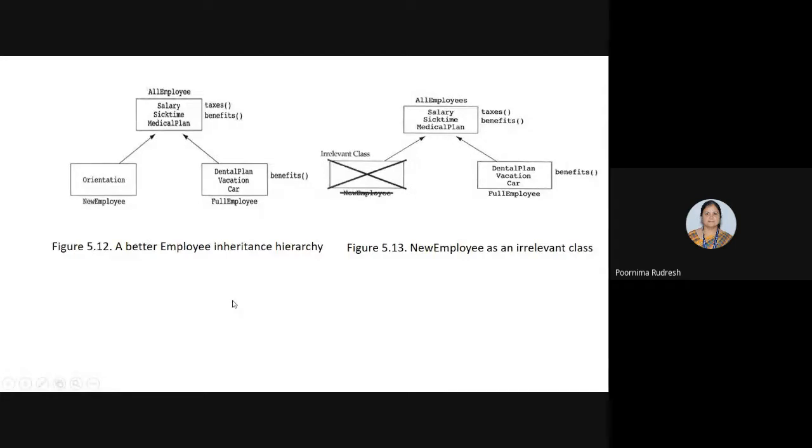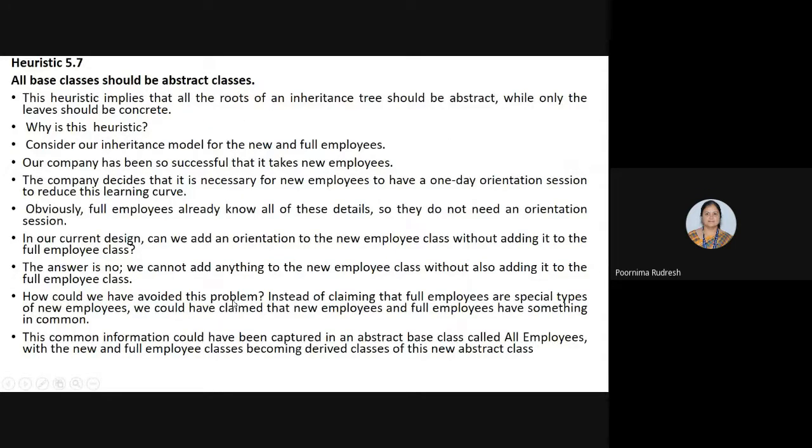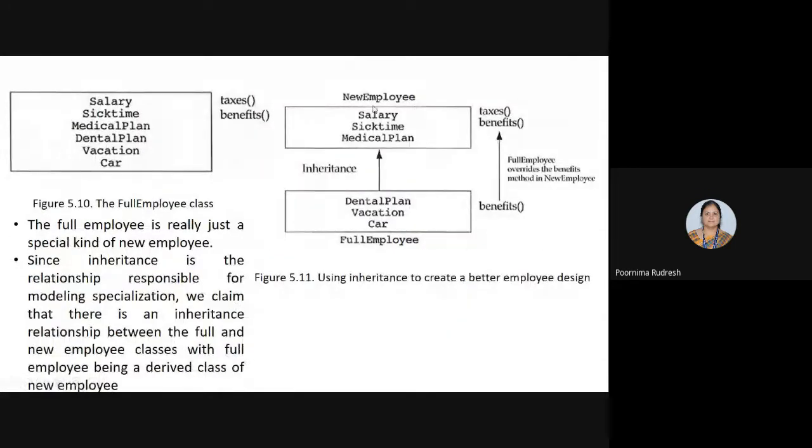See here, there is a difference in this inheritance relationship. In the earlier one, we have only one base class and one derived class: the base class is the new employee and the derived class is the full employee.